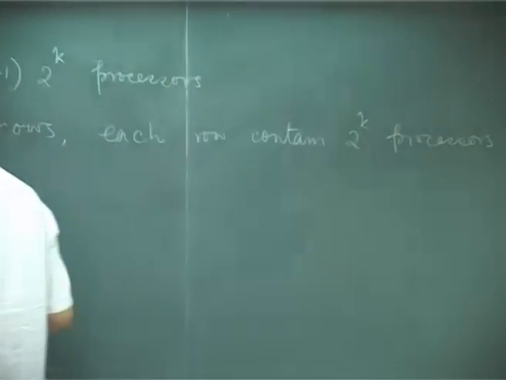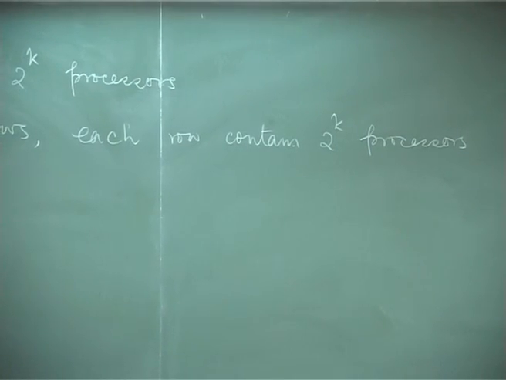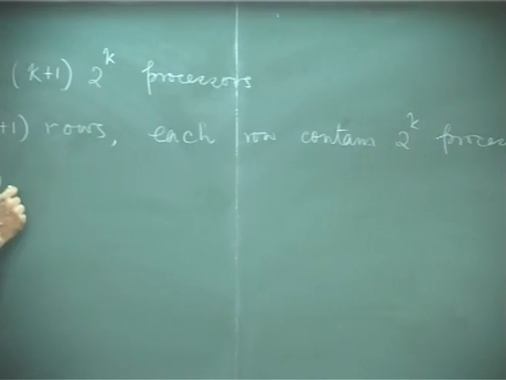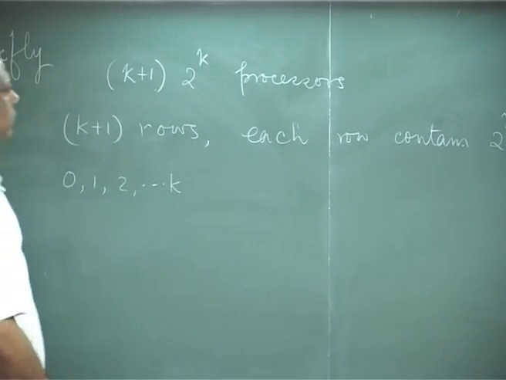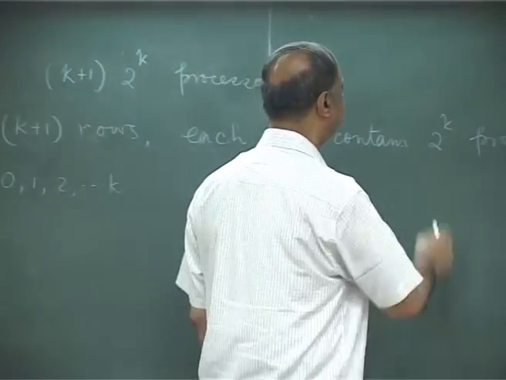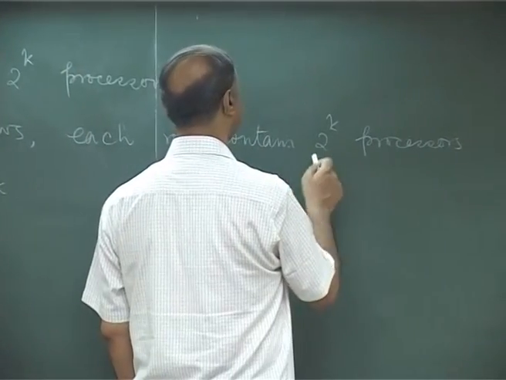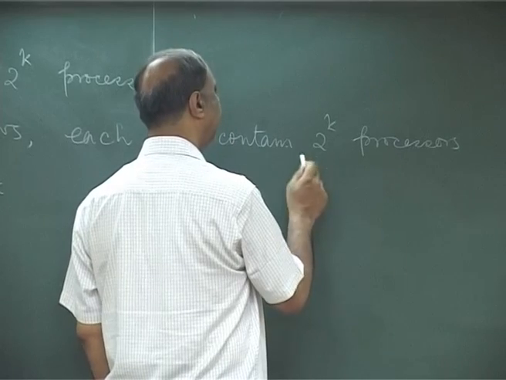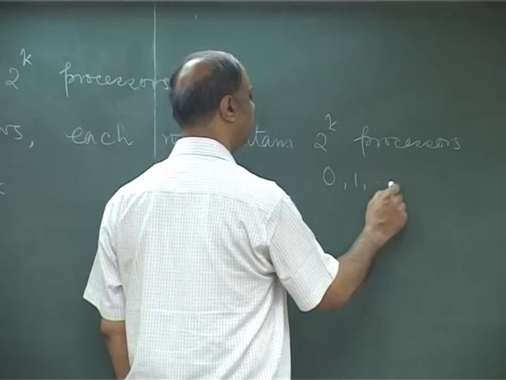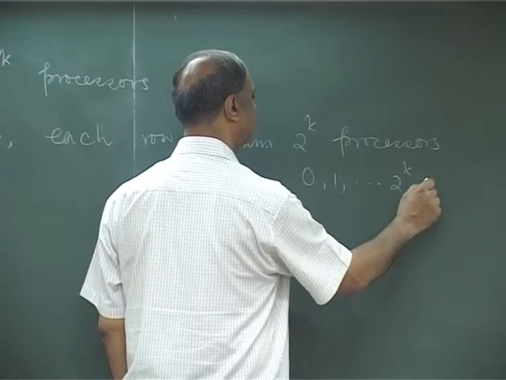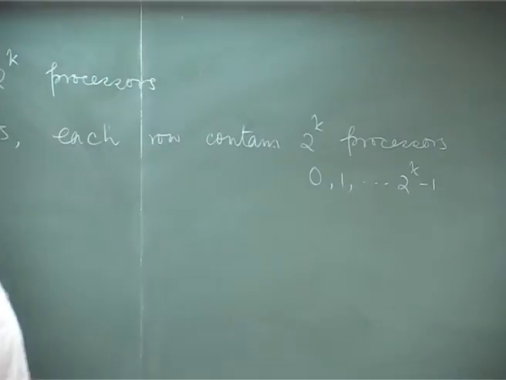The rows are numbered 0 to k, and the processors in any row are indexed as 0, 1, up to 2 to the power k minus 1.